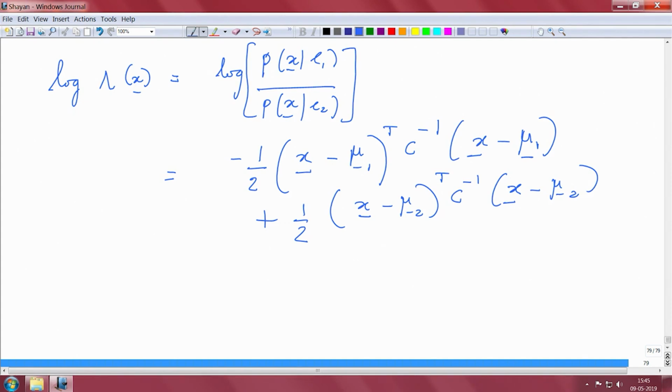If you do the algebra carefully and you simplify this quantity, it is straightforward. I will write down the end result.